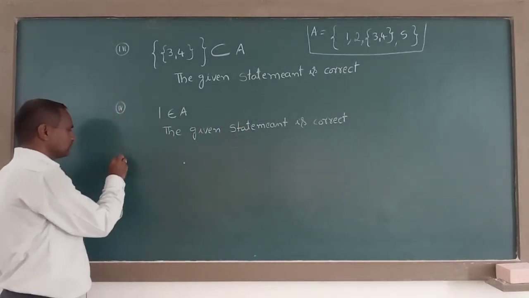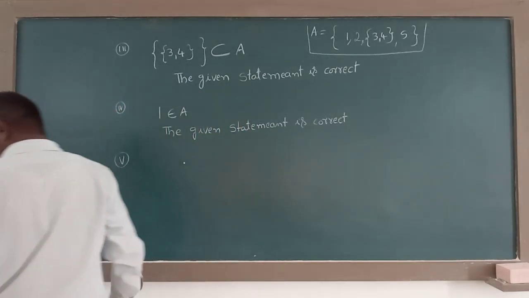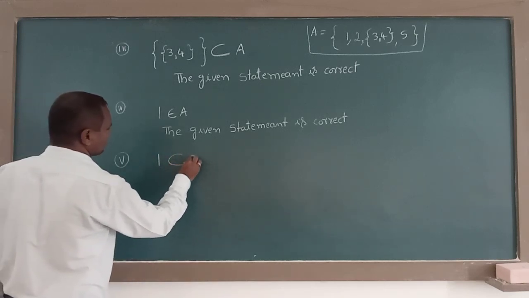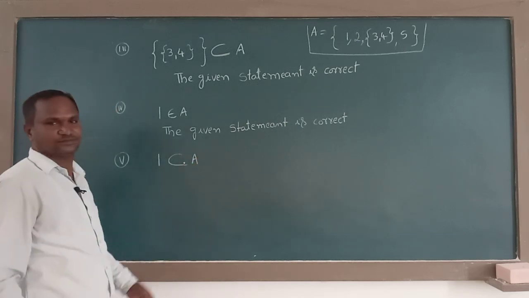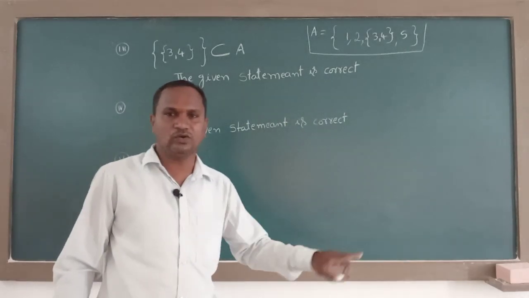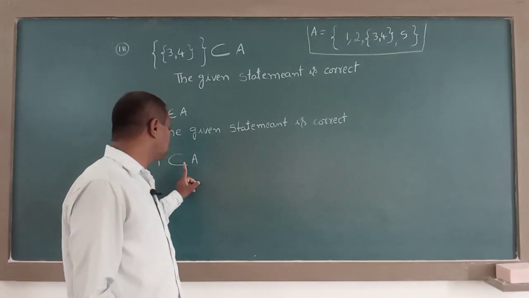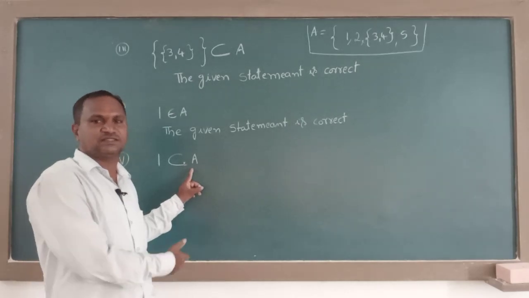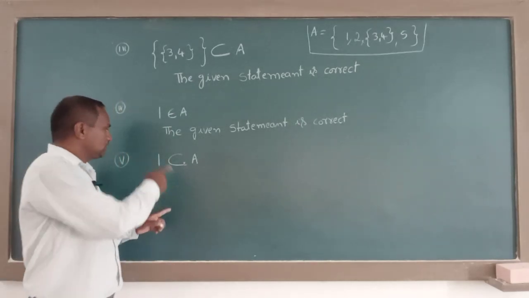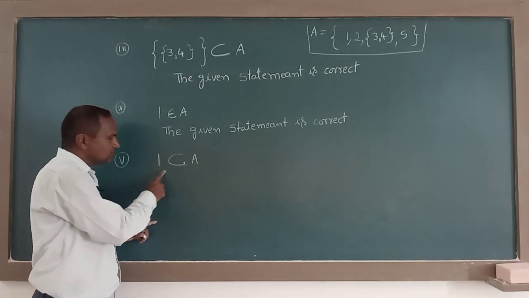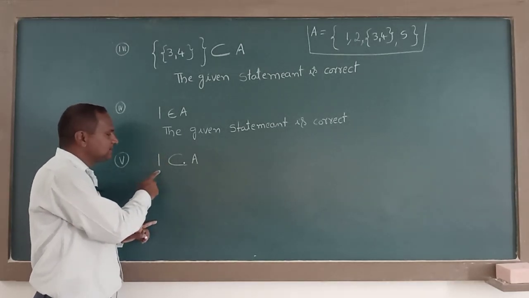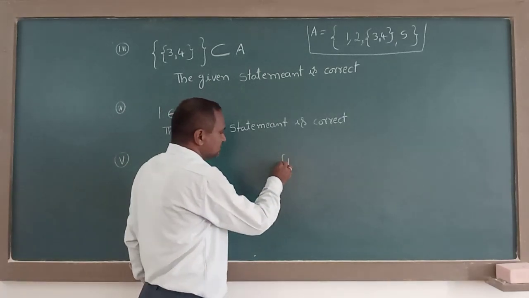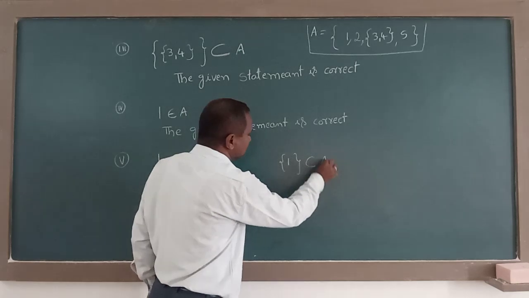Fifth. 1 is a subset of A. Already I told you, for element to set we must represent with belongs. Only one element: saying it is a subset of capital A makes the given statement incorrect. If they put 1 in flower brackets, the given statement becomes true, and it is always correct.